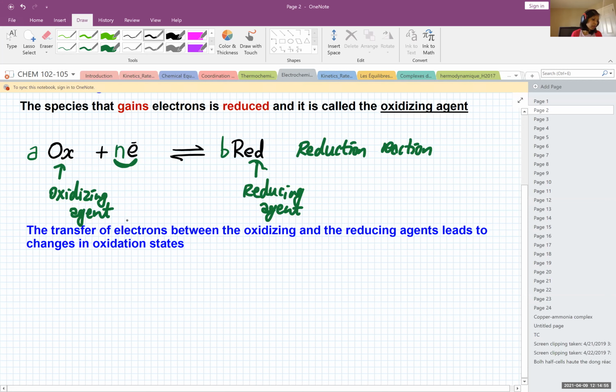So anytime we see, and we know the definition of oxidation state, right? Oxidation state is the charge that is carried by an atom in a molecule. Okay, I'll just write it down. Charge carried by or on an atom.